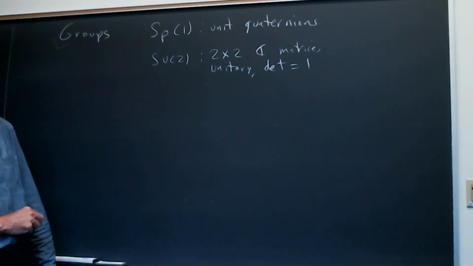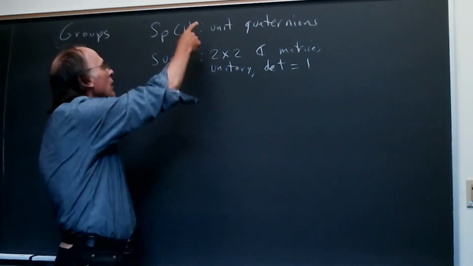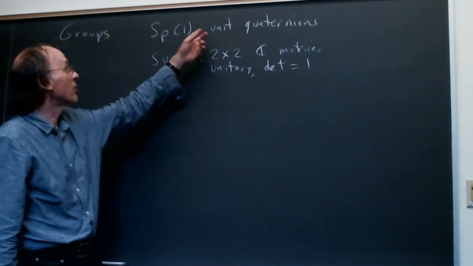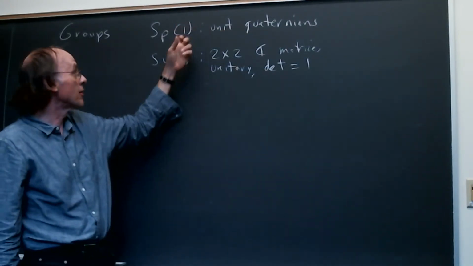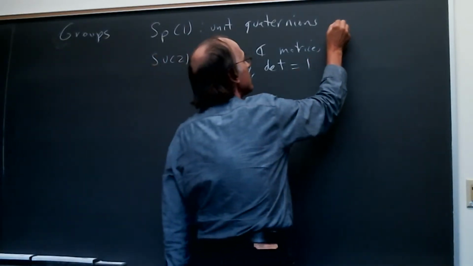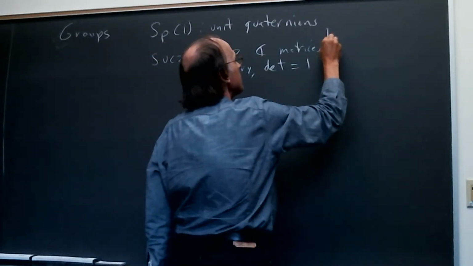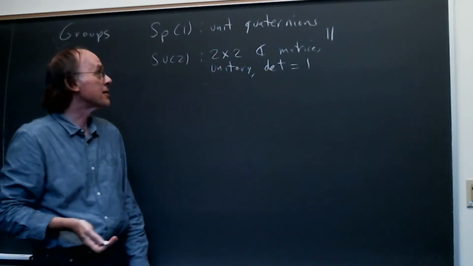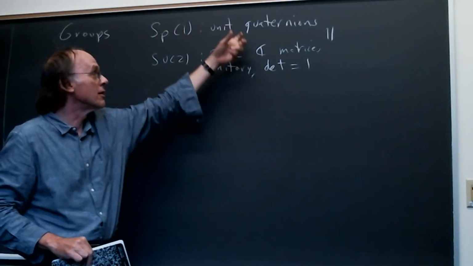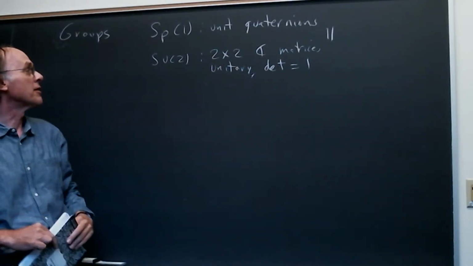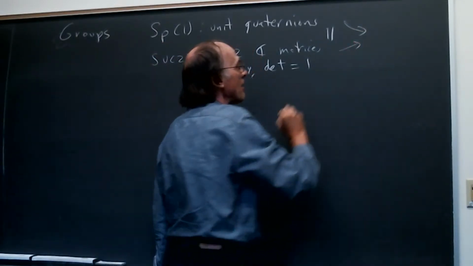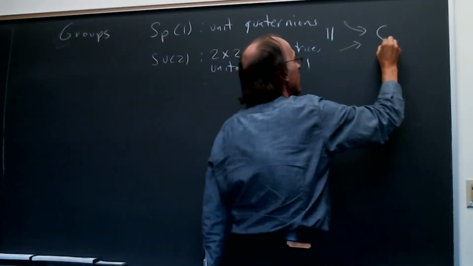I also showed, if you try to show explicitly that these are isomorphic, that you can associate to any unit quaternion one of these. So these are isomorphic, in the same sense that there's a one-to-one map on these things as sets which is a group homomorphism. You can see that. And I'll also sometimes refer to both of these as Spin 3.